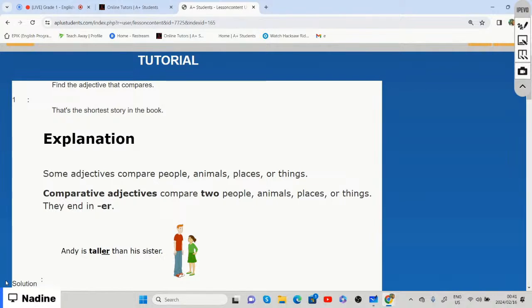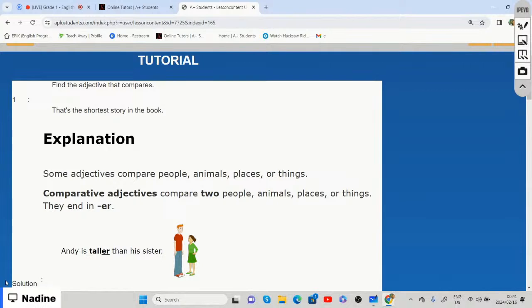But if we compare one to more than one person, animal, place, or thing, so once again, we see that some adjectives compare people, animals, places, or things.